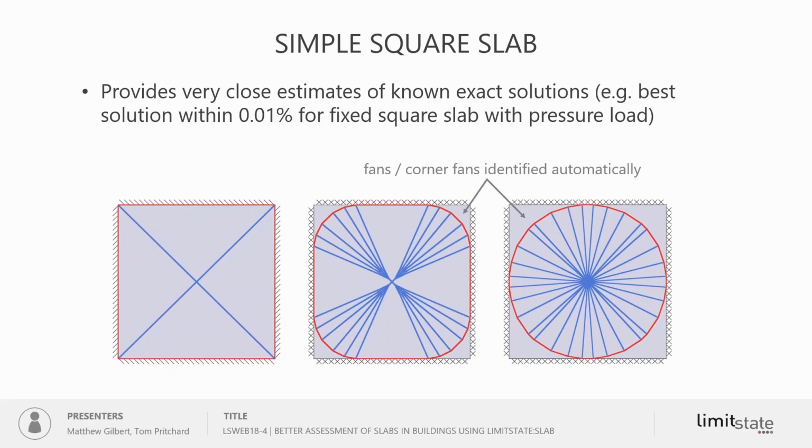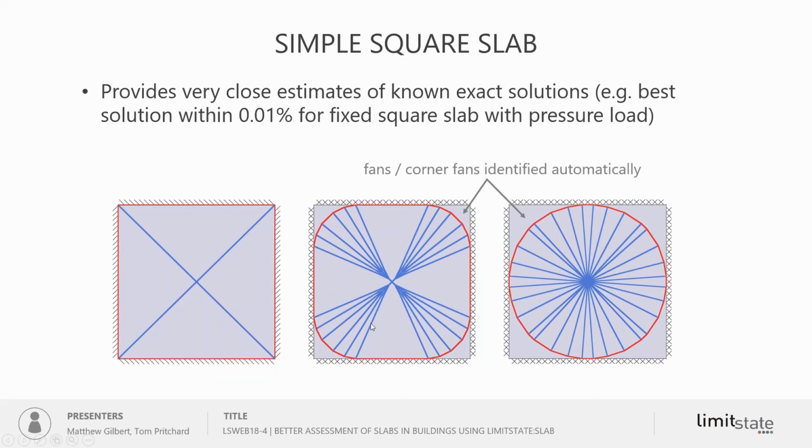And when we've applied this to benchmark problems, we've got very accurate results. So there are 3 different square slab benchmark problems here. First one, simple supports with a UDL. We end up with the correct solution, which is a simple sort of X-shaped geometry.